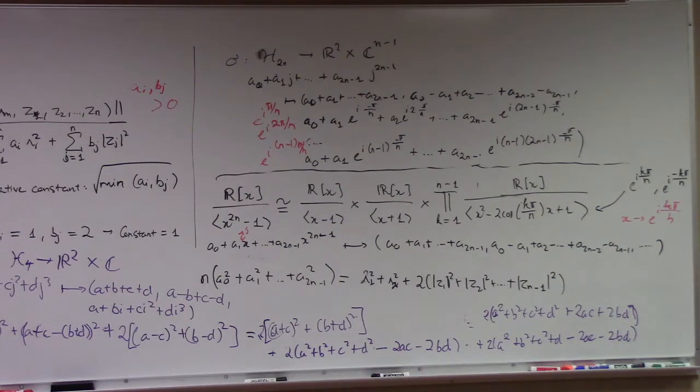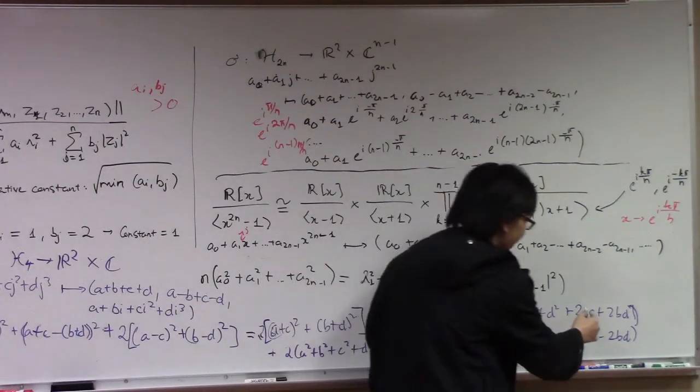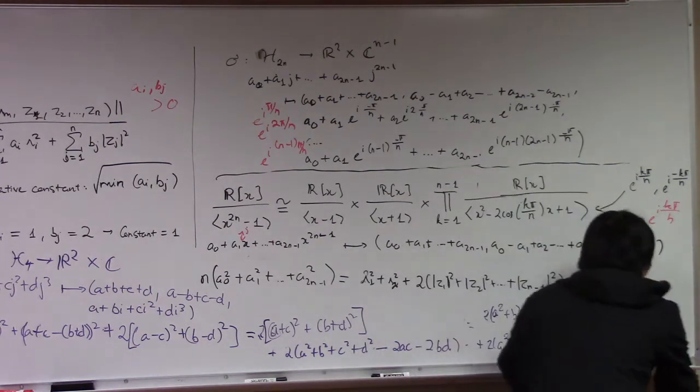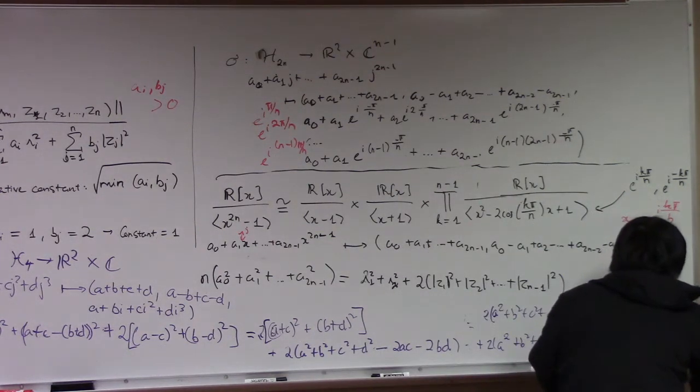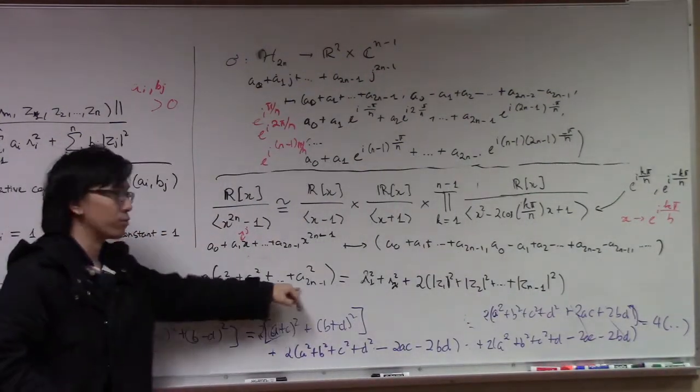So what does that mean? Sorry. If I cut this part, it will be 4 times a squared plus b squared plus c squared plus d squared. Right, on this one.